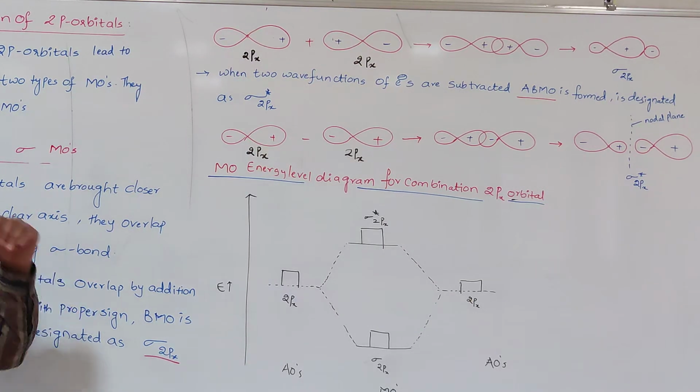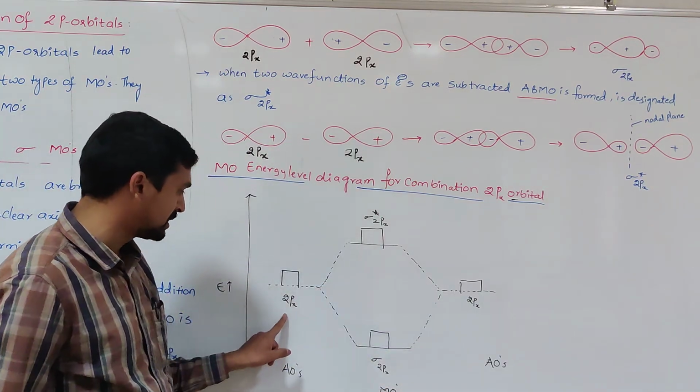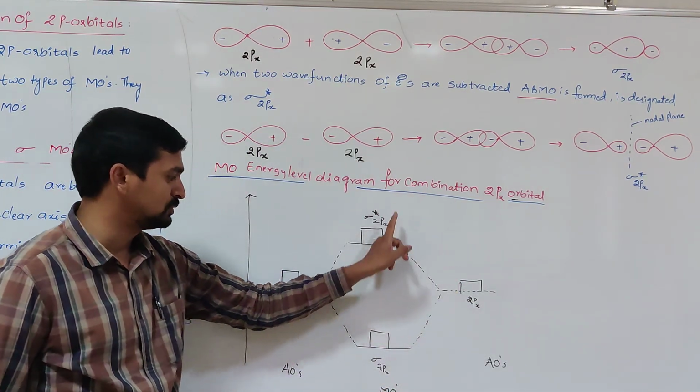So what is the energy level diagram for this combination of the 2px orbitals? Same as we discussed in the last two cases, 1s and 2s, the 2px and 2px atomic orbitals combine together to form two molecular orbitals.